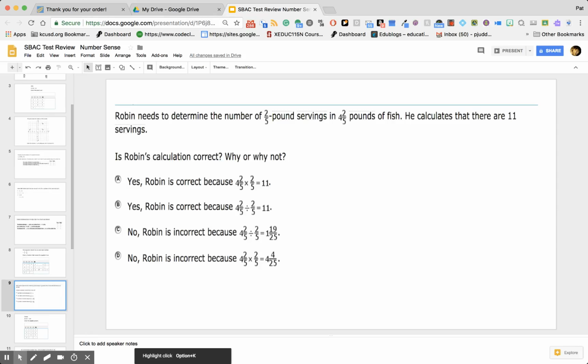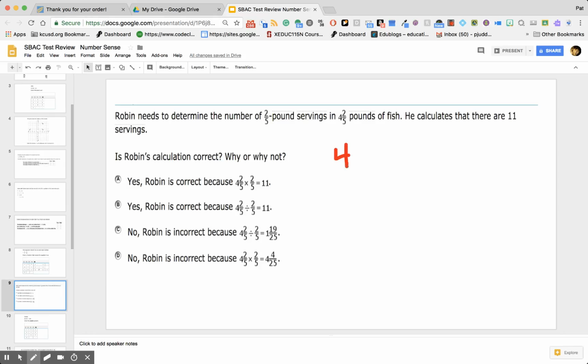Okay, so let's check and see what you came up with. If I reword this and say, how many groups of 2/5 would be in 4 2/5, I would be dividing.